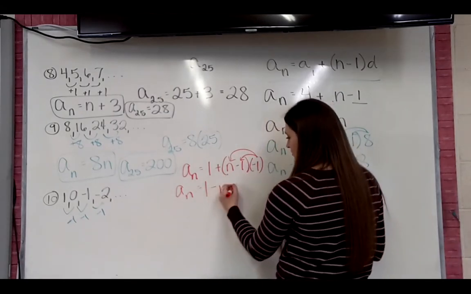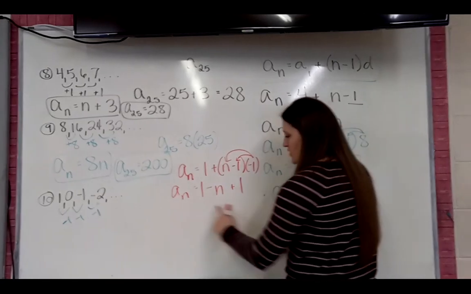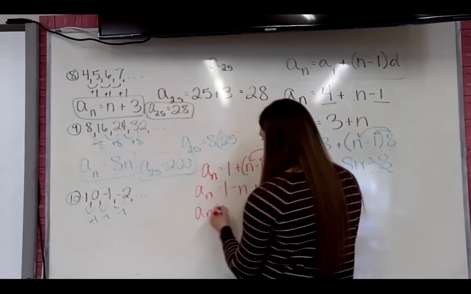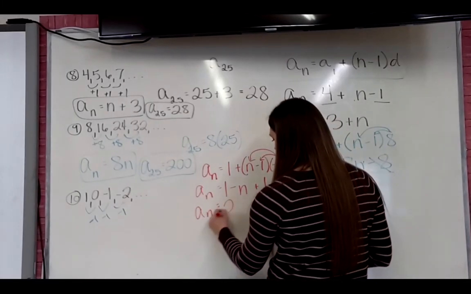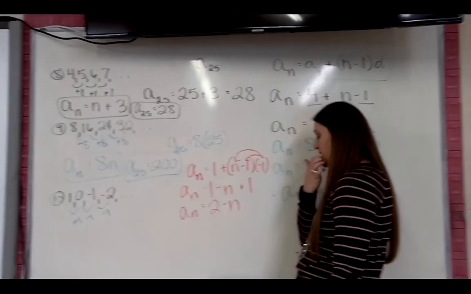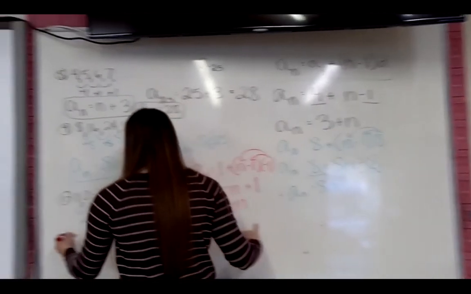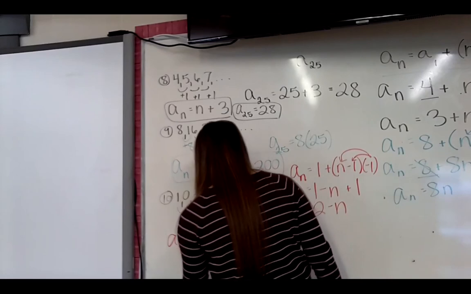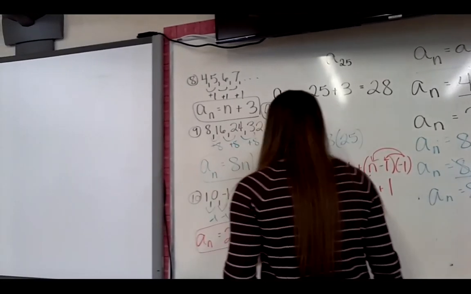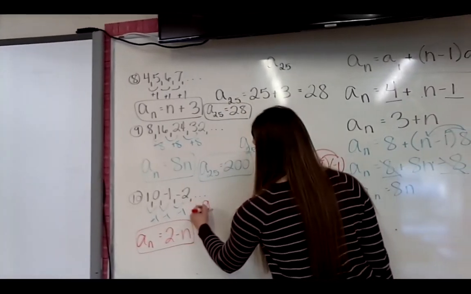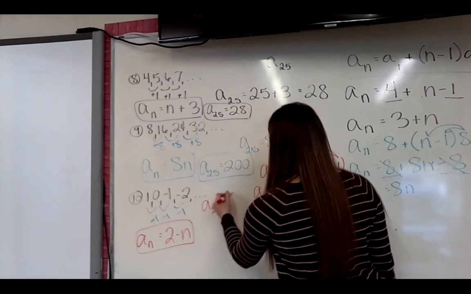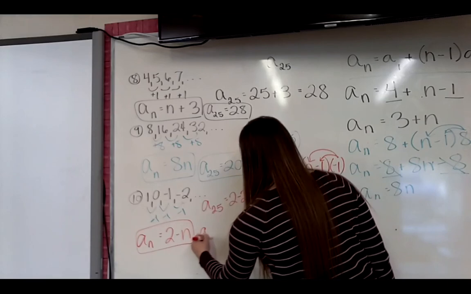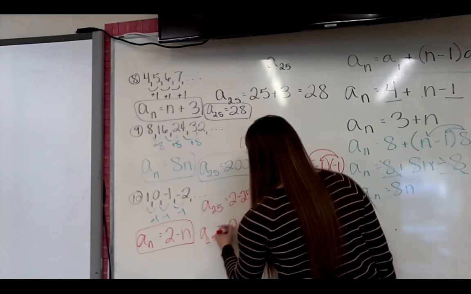Negative 1 times negative 1 is positive 1. So I have 1 plus 1 on here. So you could leave it 2 minus n or negative n plus 2. So my equation on this one is a sub n equals 2 minus n. That's our equation for our arithmetic sequence. And then a of 25 is going to be 2 minus 25, which is negative 23.